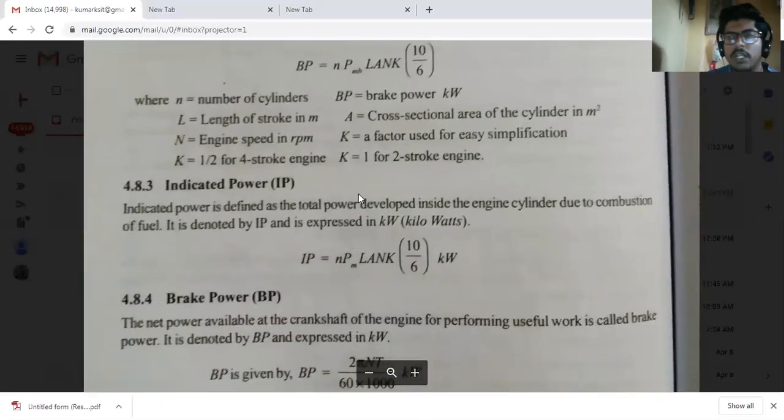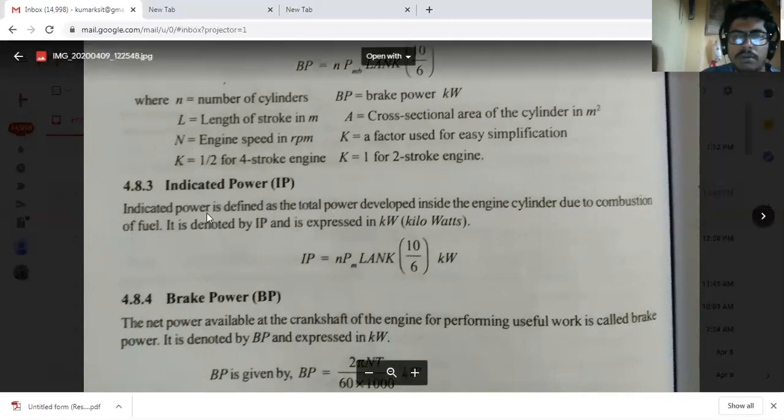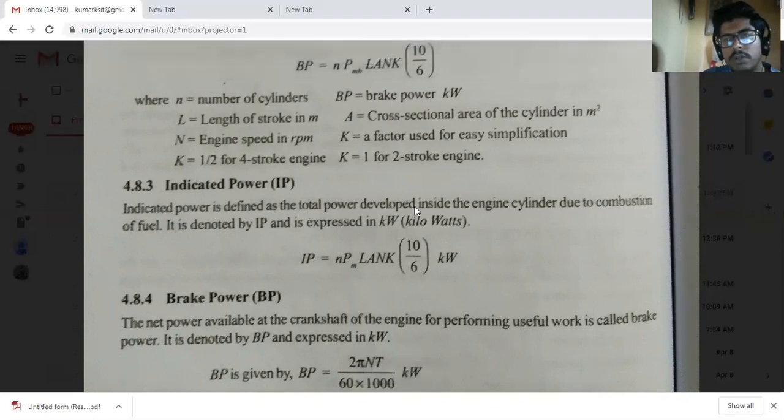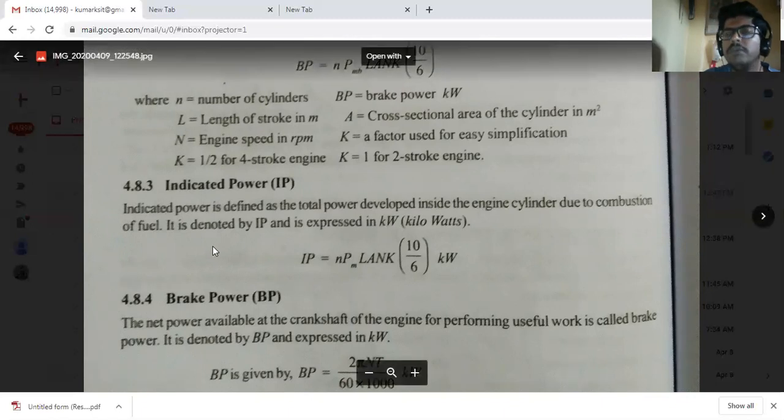Next is indicated power. What do you mean by indicated power? It is the power available within the cylinder after complete combustion of the charge. Indicated power is defined as the total power developed inside the engine cylinder due to the combustion of the fuel.